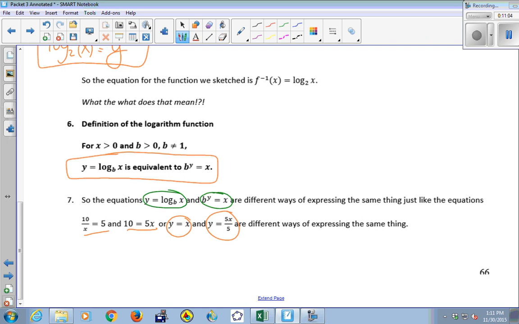So let's look at where the pieces translate. I have y equals log base b of x, equivalent to b to the y equals x. So in the exponential, y is my exponent. Where does y appear in the log equation?